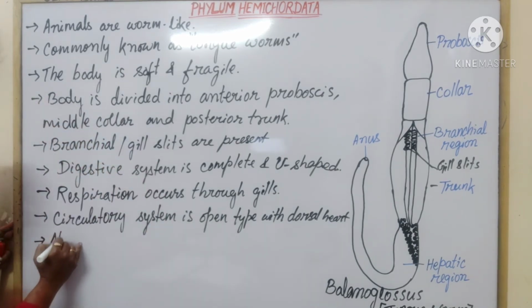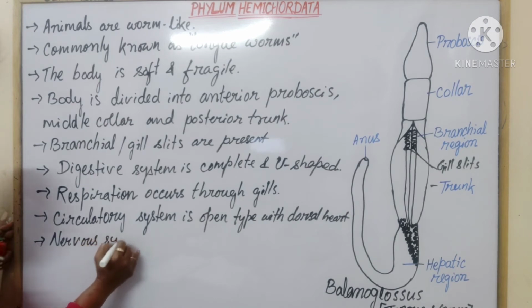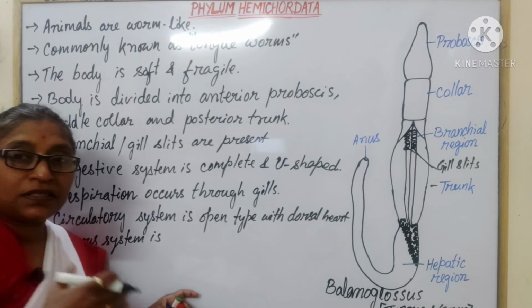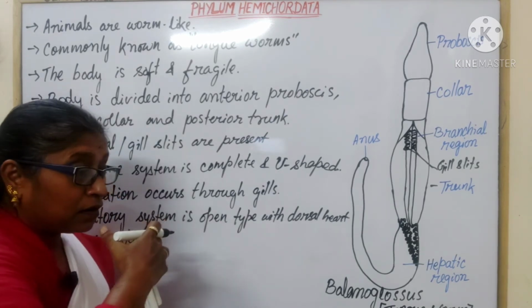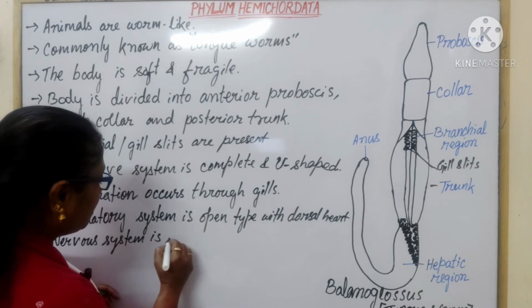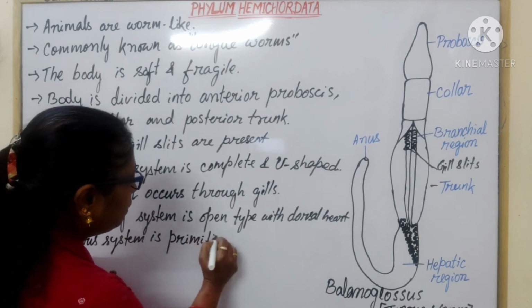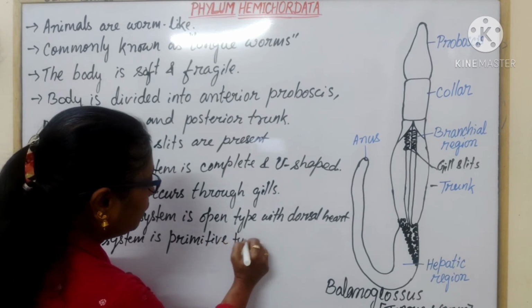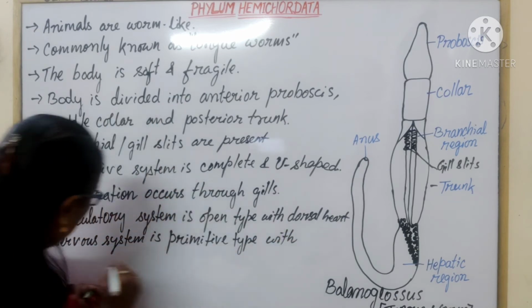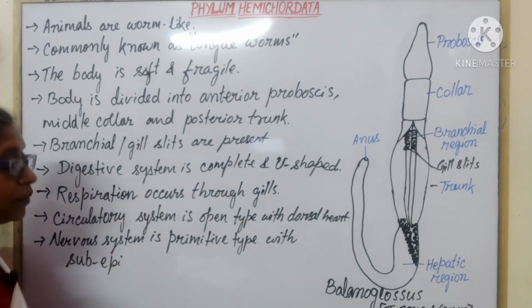The nervous system is primitive, meaning early development stage. Nervous system is primitive type with subepidermal nerve plexus.